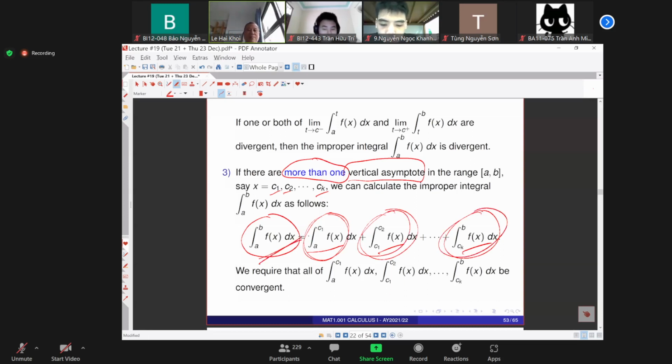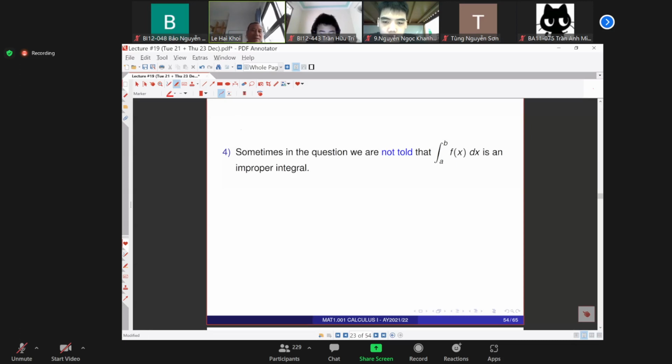And this is important. Pay attention to this point 4. Quite often you are given an integral to consider, but no one tells you that this is an improper integral. No one tells you. So for example, you have two integrals in your exam.